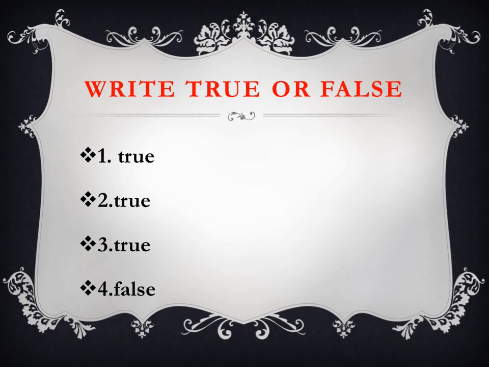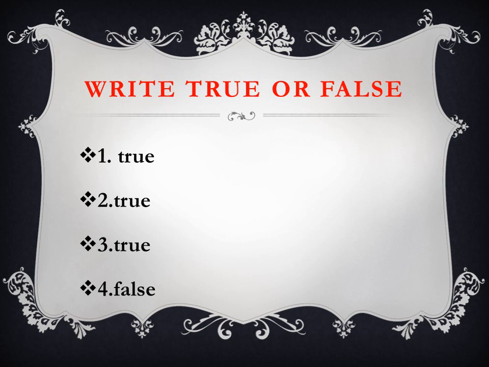Right, true or false. First one, a sovereign nation is supreme and independent of any outside control. Answer is true. Second one, on 10th December 1948, the United Nations adopted the Charter of Human Rights. Answer is true.